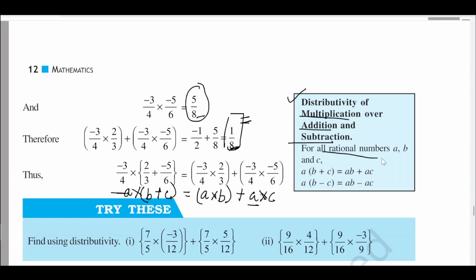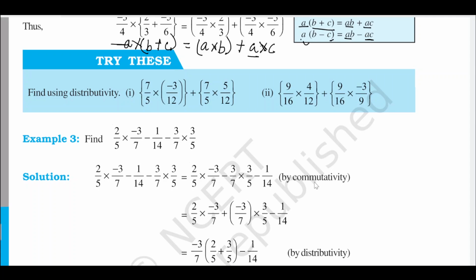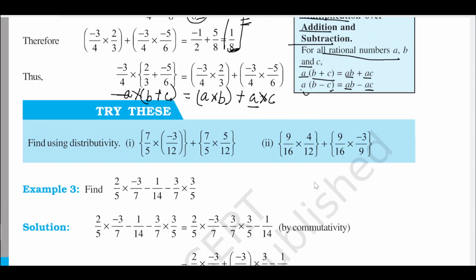For all rational numbers A, B and C, A into (B plus C) is equal to A into B plus A into C, and A into (B minus C) is equal to A into B minus A into C. This multiplication is being distributed over addition or subtraction. This property will also help to do calculations easily, as we will see.